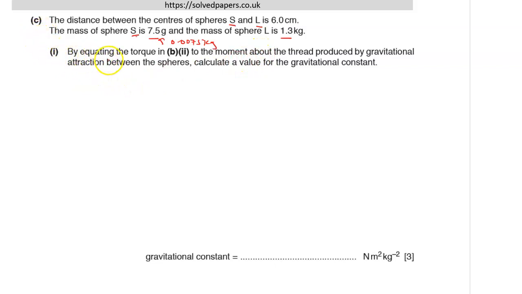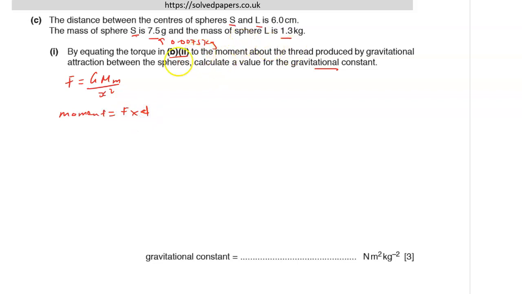By equating the torque in B part 2 to the moment about the thread produced by the gravitational attraction between the spheres, calculate the value for the gravitational constant, G. Of course, we know that our gravitational force is given by this equation, GMm over x squared, and we know that moment is equal to force times distance.